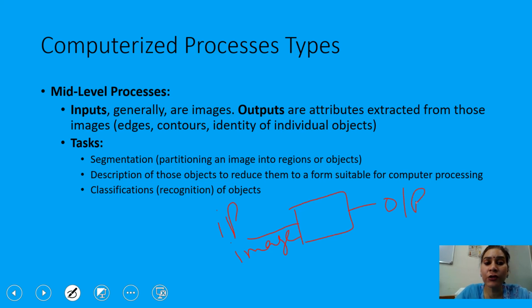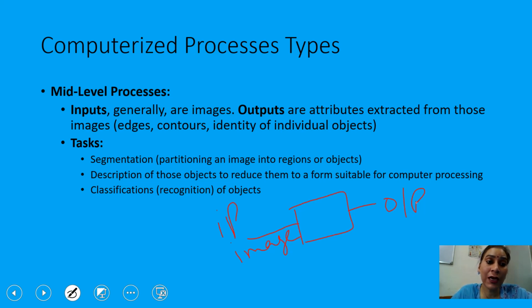Attributes are some particular values or axes or pixel values which are in mathematical form. They are called the attributes, and these are extracted from the edges, contours, identity of the individual objects. So in the case of mid-level process, input is image and output is attributes.